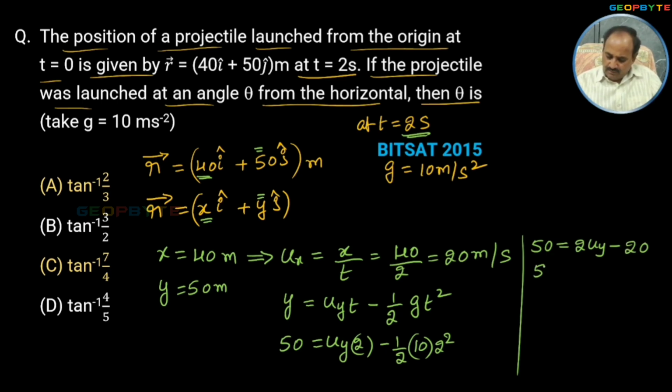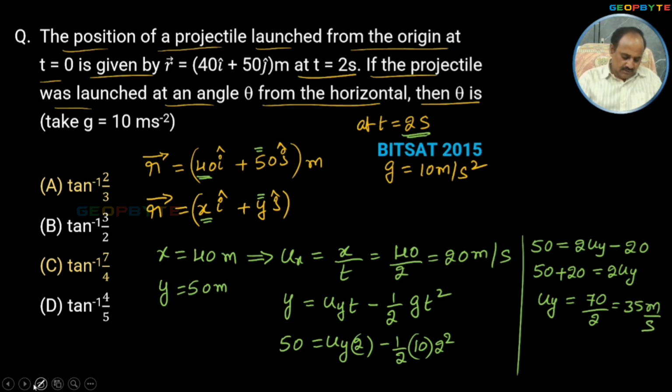So 50 plus 20 is equal to 2 uy. Uy equal to 70 by 2, which is 35 meter per second.